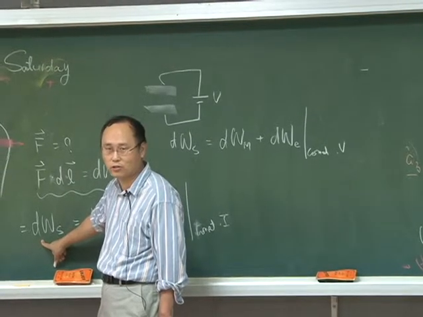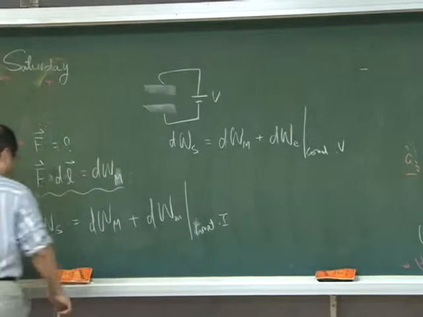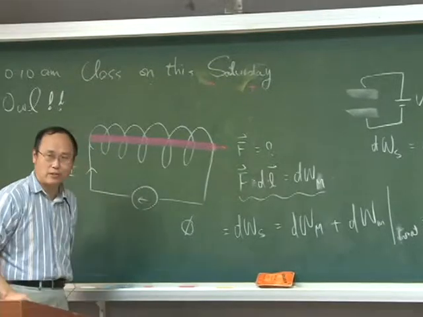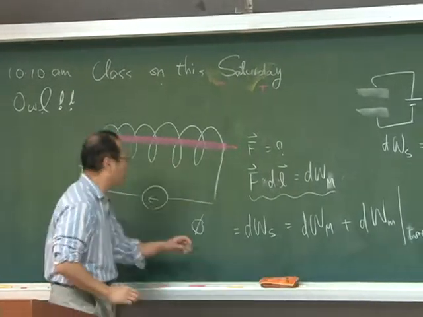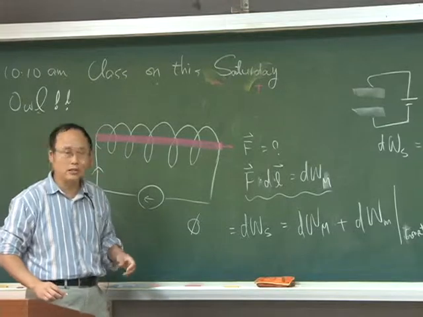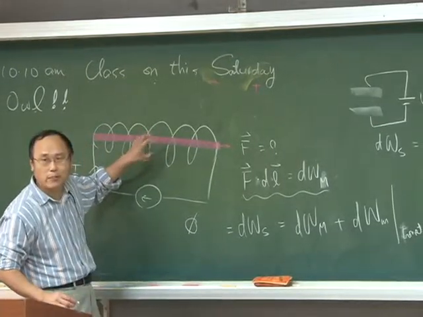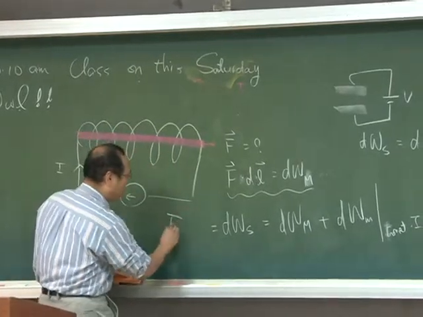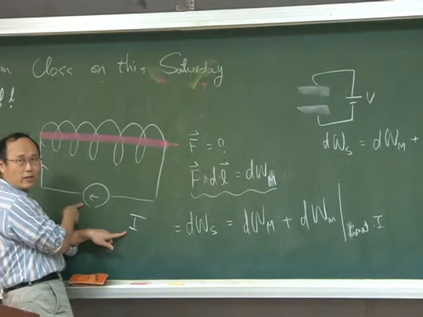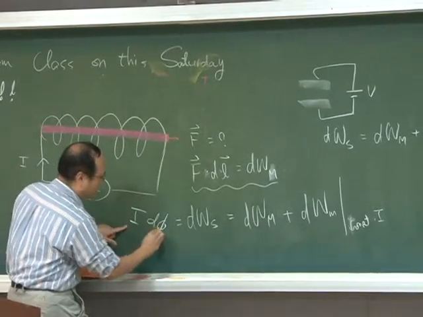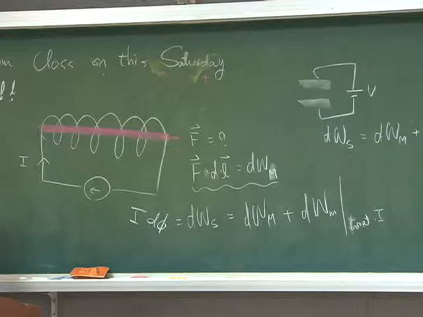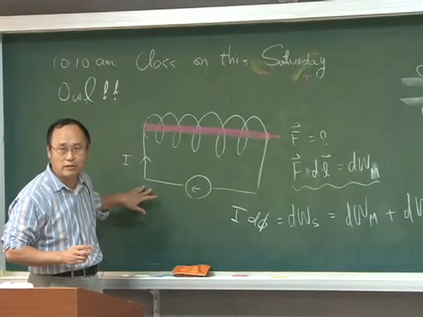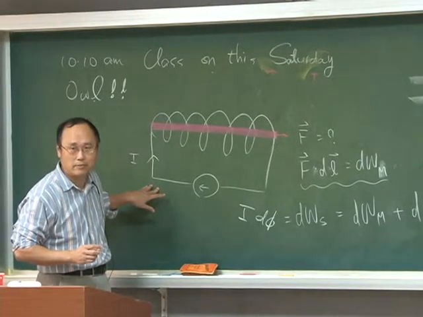energy supplied by this source is going to be equal to the magnetic flux, the change of a little bit of magnetic flux. 你拉动这里的时候呢，这里的 magnetic flux 改变了，但是电流不变。So this is equal to I supplied by this current source multiplied with the small change of the magnetic flux in the system. Because this is set at a constant current.